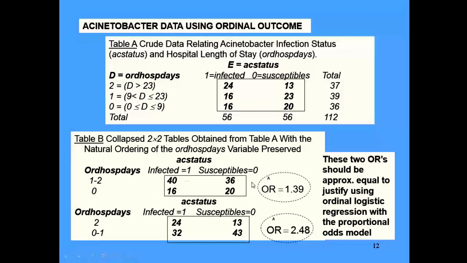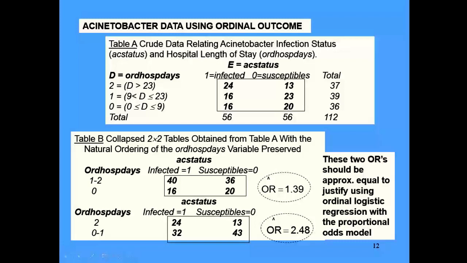Where do I get the 40 and 36? 24 and 16 are 40. 13 and 23 are 36, right? And then I've left the last row here. So what I've done is combined 1 and 2 and compared it to 0. What's this other table? It's 2, that's 24 and 13, and I've combined 0 and 1, 32 and 43. That's what I've done to get these 2 tables.